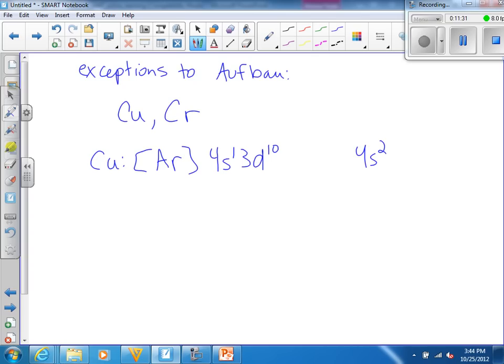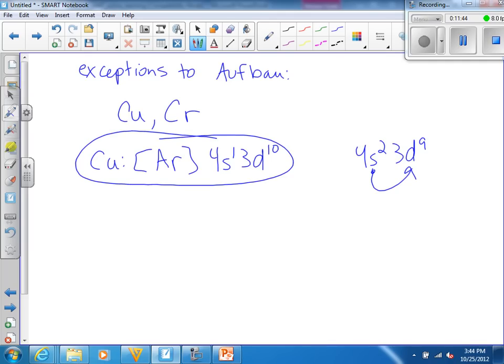We would expect 4s2 3d9. But one of the s electrons jumps to the d sublevel, and this is actually lower energy. So for electron configurations, we want to create the lowest possible energy configuration. Turns out this is a lower configuration than this.